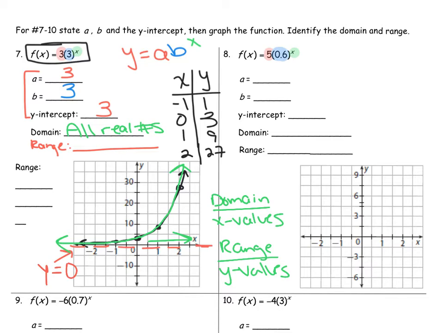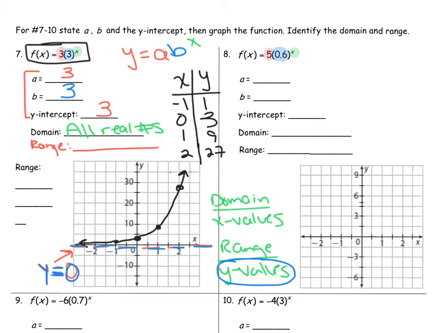Okay, well, now let's take a look at our range. Now, range talks about the y values. Well, we have an asymptote here at y equals 0. That means this exponential function is never going to cross over the x-axis, so when y equals 0. Can y equal 0?